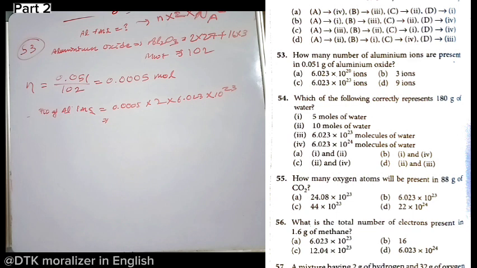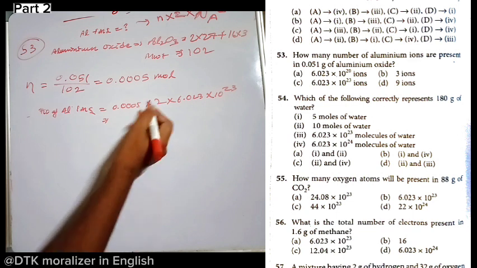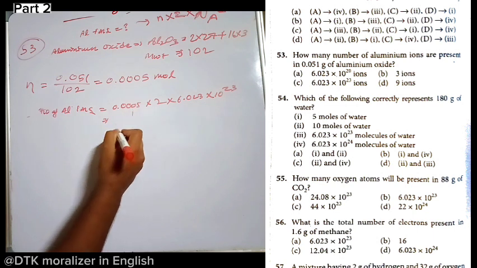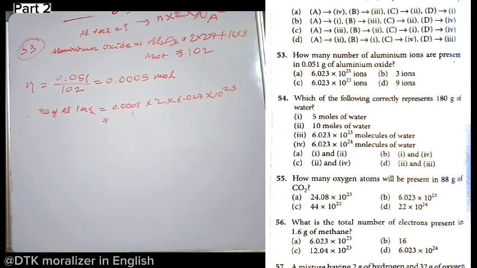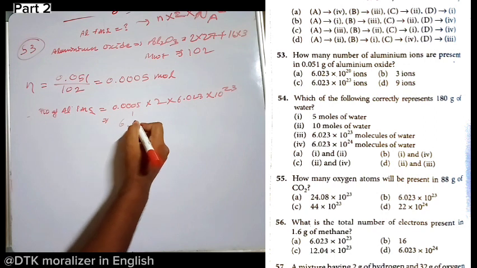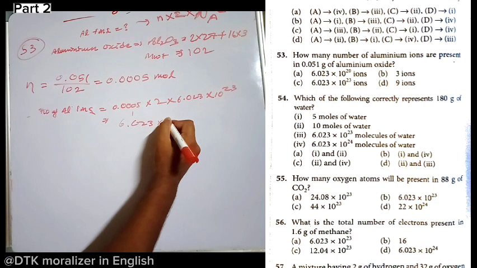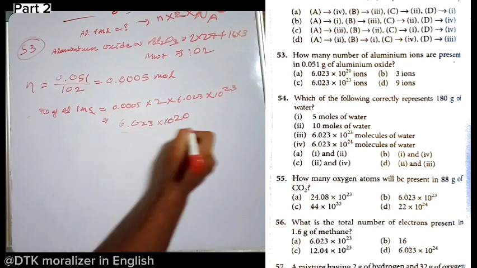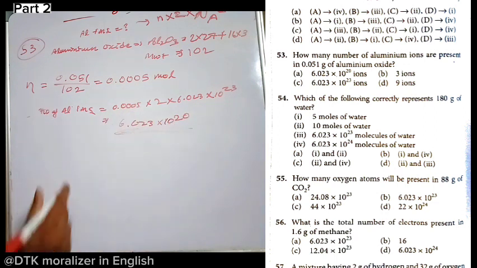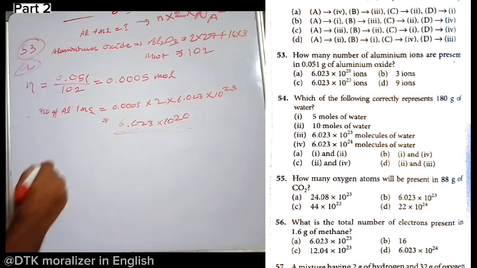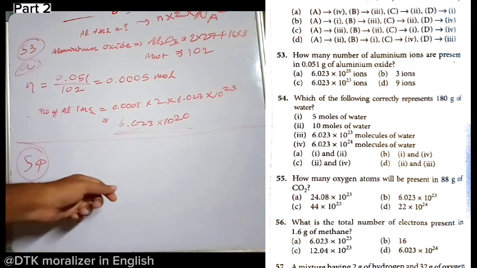Then multiplying, the answer will be 6.023 into 10 power 20. So here option A is right.